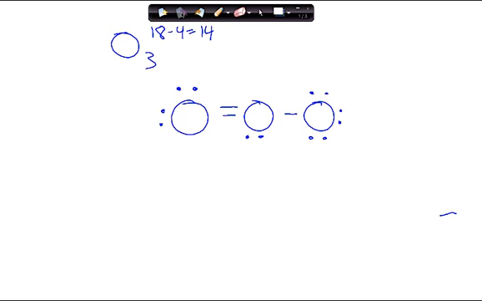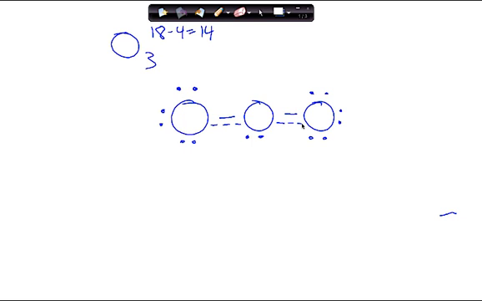Guys, it turns out that that is not what happens in nature. Just allow me to redraw this, and we understand that we started here. And we said, what direction does the double bond go? And we said, could be left, could be right, pick one and do it. Guys, it turns out in nature, nature doesn't pick one and do it. What nature does is it creates a partial double bond in both directions.